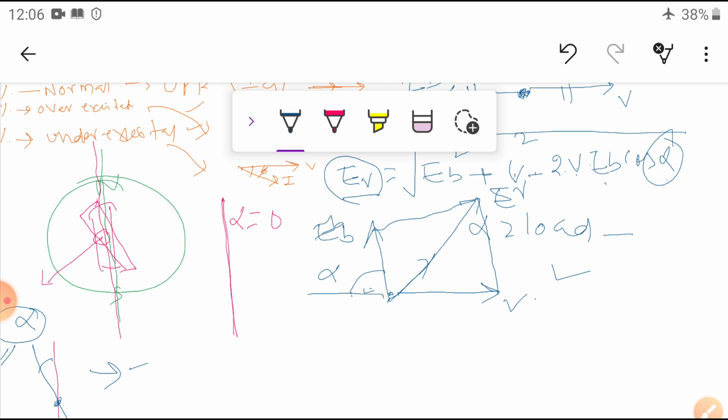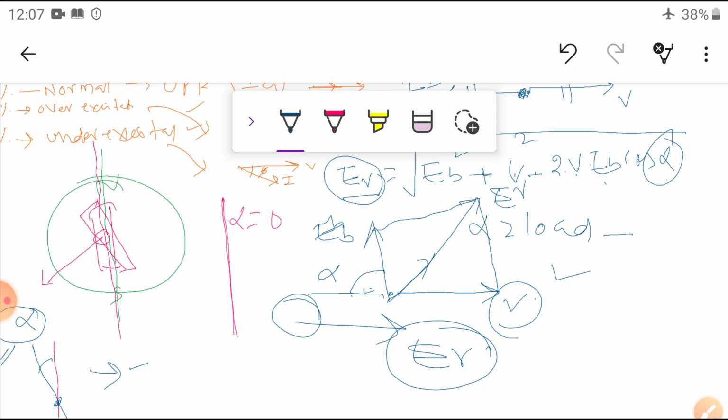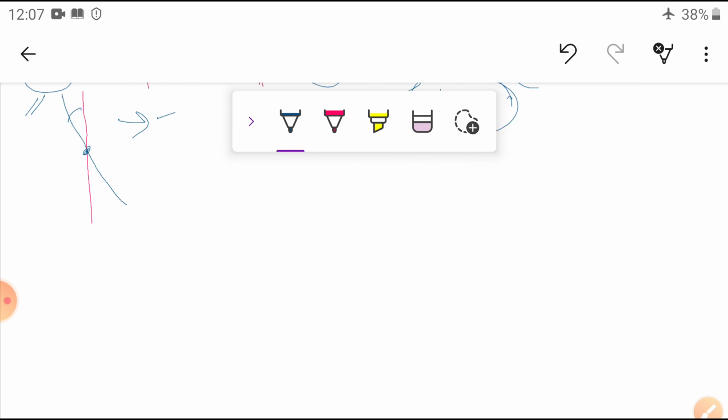Once we get the resultant voltage between the applied voltage and the induced voltage, we get that ER. So based on this, ER can be changed based on our excitation. So what is the excitation? Back EMF changes.